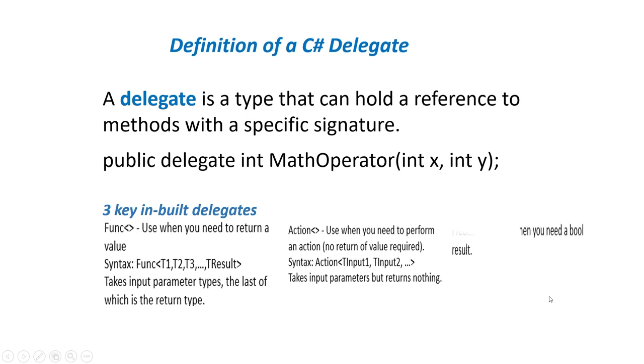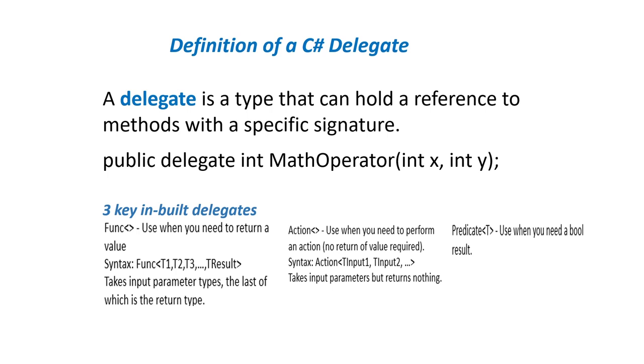The final one we're going to look at is the Predicate delegate. The Predicate delegate is used when you need a Boolean result. It takes only one parameter and returns a Boolean. Mandatorily, it takes one single parameter and returns a Boolean. The predicate is usually used in circumstances where you want to take a parameter and conduct some sort of conditional test on it, which will lead to a true or false outcome.